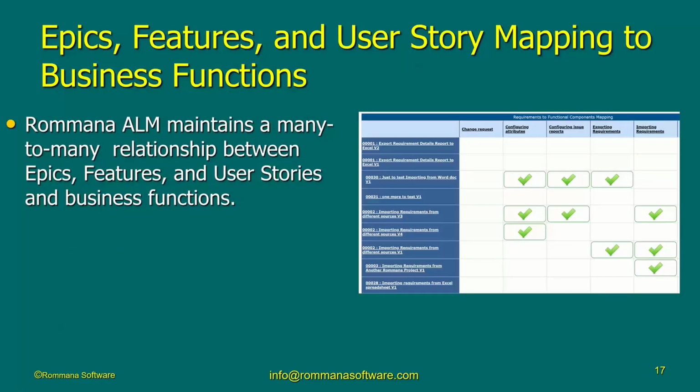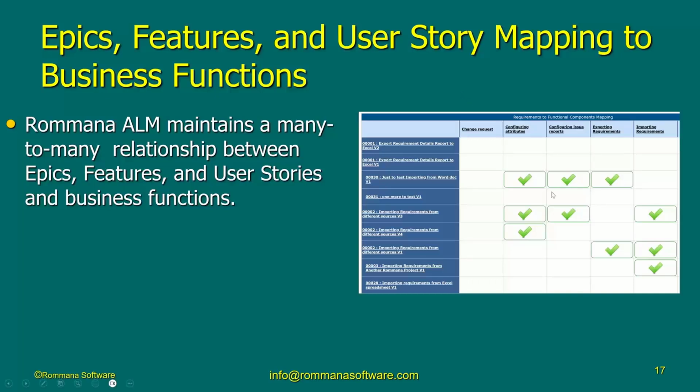This is the mapping between an epic or a feature or a user story to business functions. Every user story, when we write it, touches on certain business functions. Again, this is one thing that ADO and many other tools do not allow you to do. Rommana ALM will allow you to do this, and this is a kind of traceability matrix that shows you how to do this.